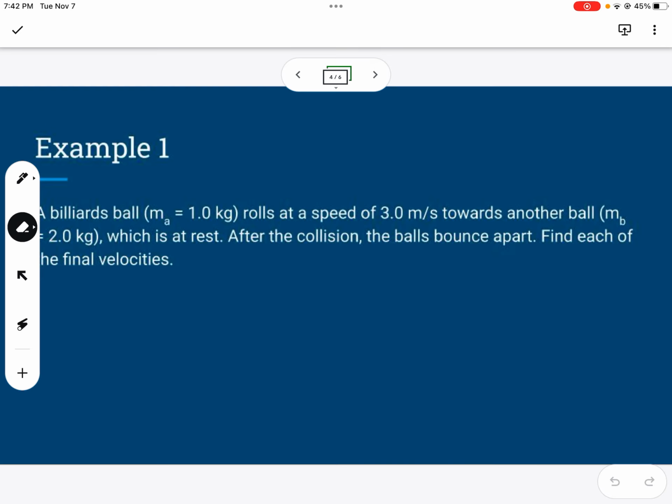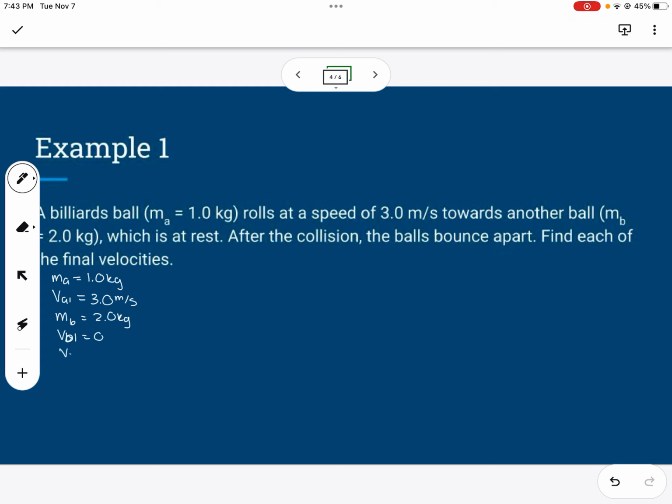So I have 3 examples for us to walk through. Here's the first one. We have a billiards ball. So I know the mass is 1 kilogram. I know VA1 is going to be 3 meters per second towards another ball, and B equals 2 kilograms. It's at rest, so I could say VB1 is 0. After the collision, the balls bounce apart.